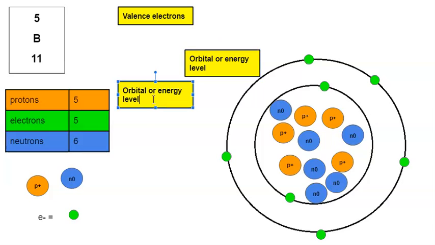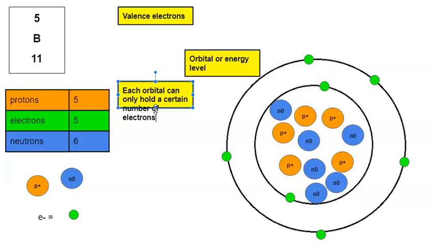And we have this extra box on the screen, and in this box, let's talk about this fact that each orbital can only hold a certain number of electrons.